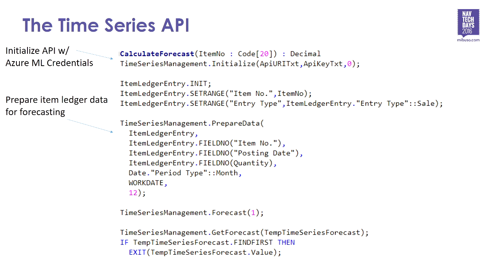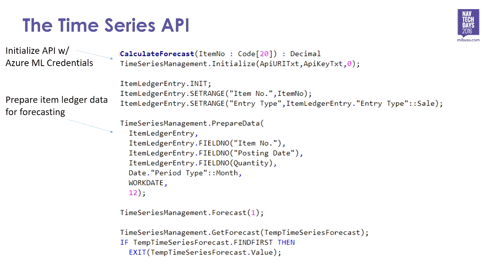So that's the core of this API, that you can point to a table, in this case item ledger entry, and some fields on that table. The first field here is a grouping mechanism. We might want to make predictions for many items, and if we do that, we can group those by, in this case, item number.